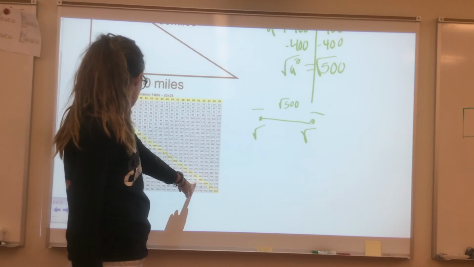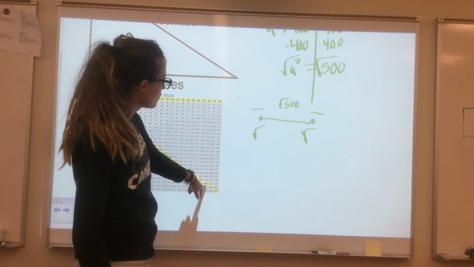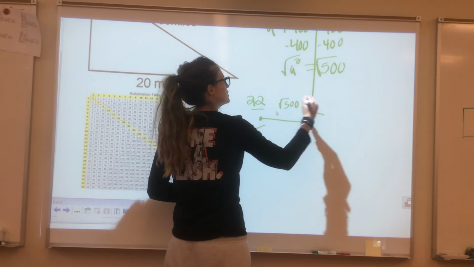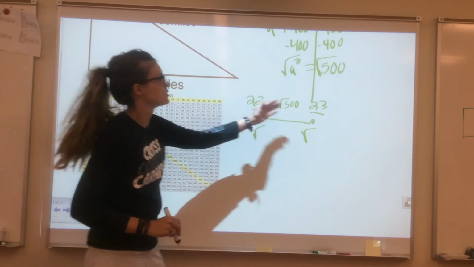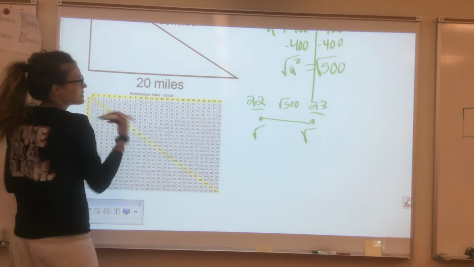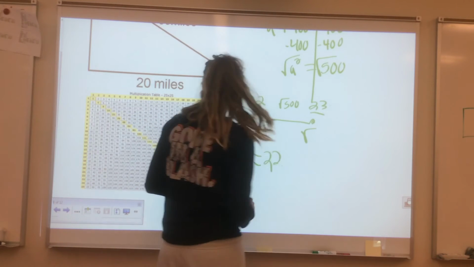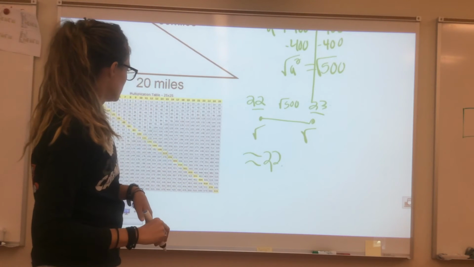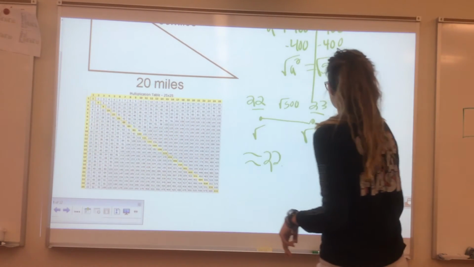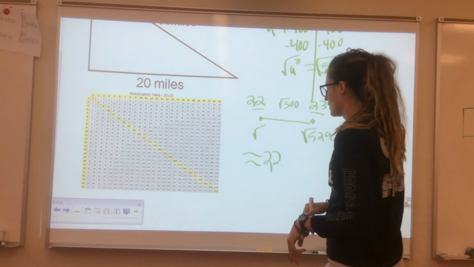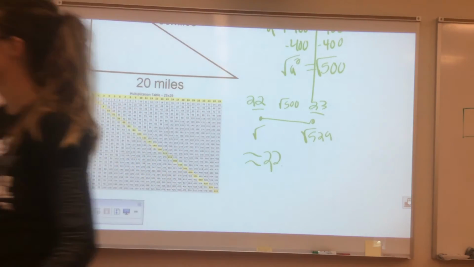So it's in between 22 and 23. We're in between 22 squared and 23 squared, so this side's going to be about 22 point something. This one is 529, and here, I believe that is 484.